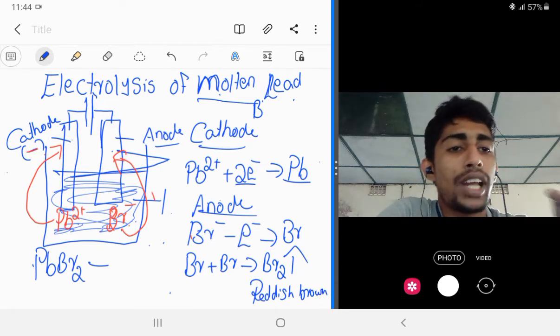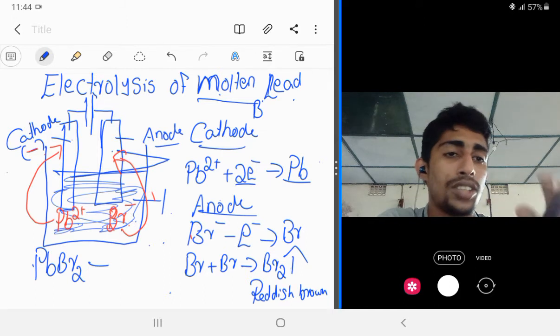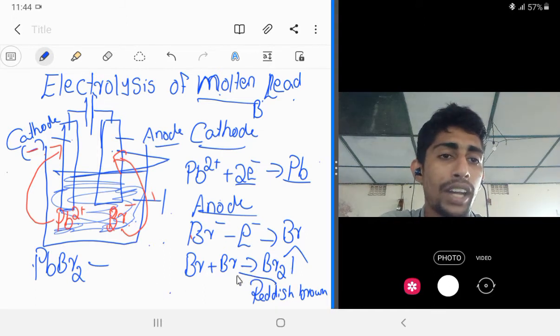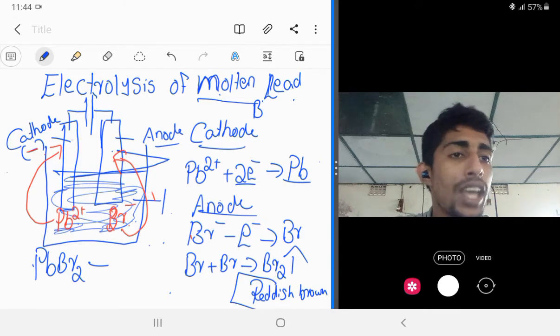Clear? With our eyes we can see, as the result of this electrolysis, a reddish brown gas. This reddish brown gas is bromine gas only.